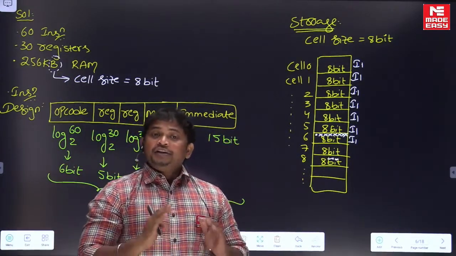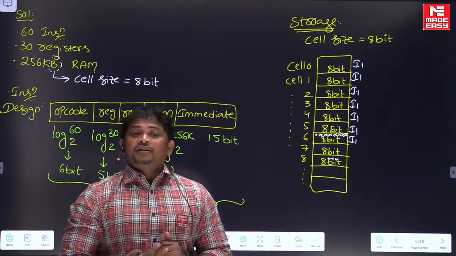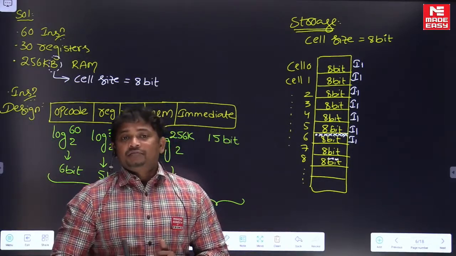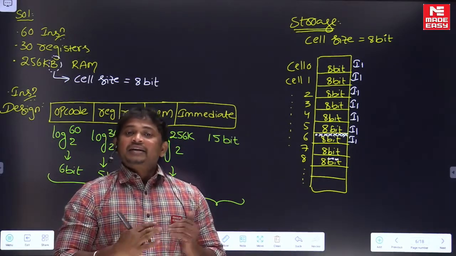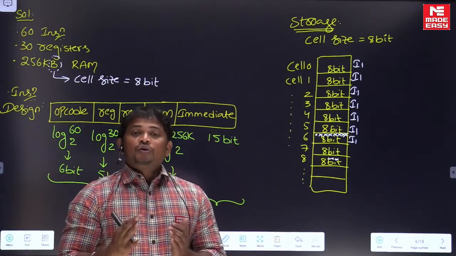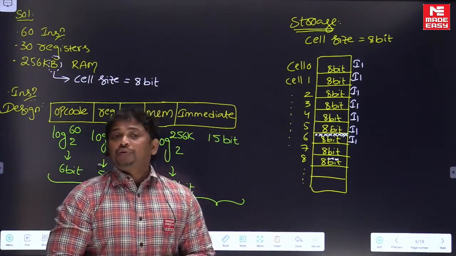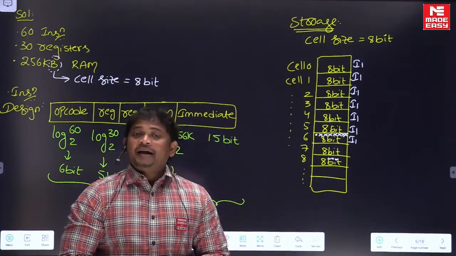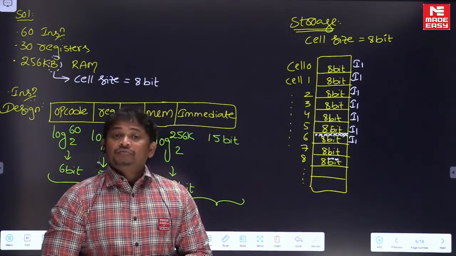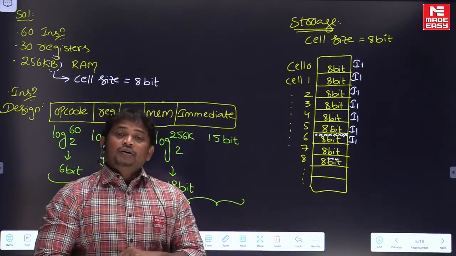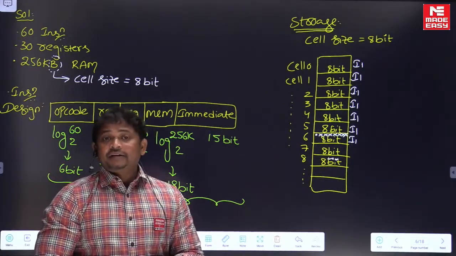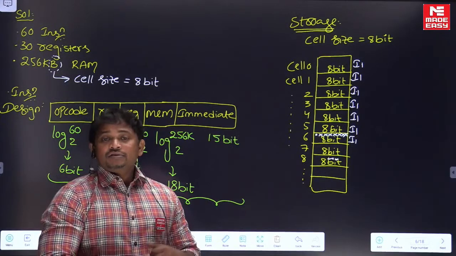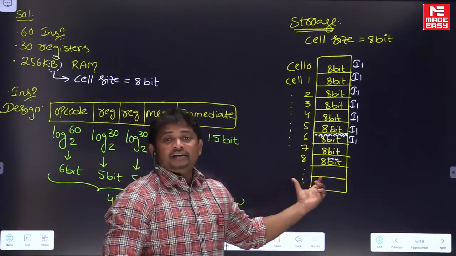That unused space we cannot use for the second instruction. Once a cell is allocated for an instruction, that whole cell is counted for that instruction only. This concept you read in the operating system as internal fragmentation. The same concept I am using here.